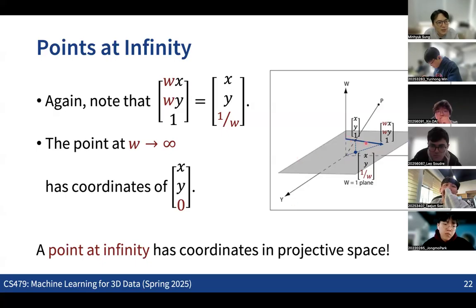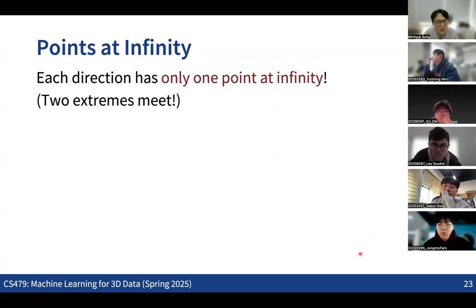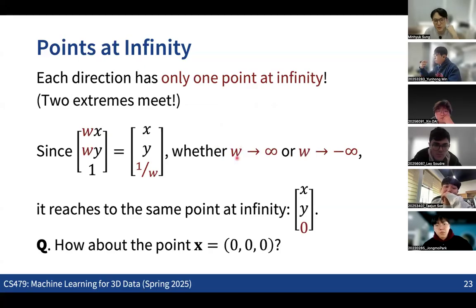Then how many points at infinity do we have for each direction? When you go in one specific direction, you see one point at infinity. But if you go in the opposite direction, you actually meet the same point at infinity, right? Because as you increase w to plus infinity or decrease w to minus infinity, at the end you get the same coordinates, which is x, y, 0.